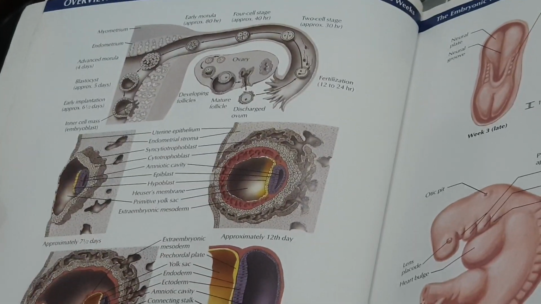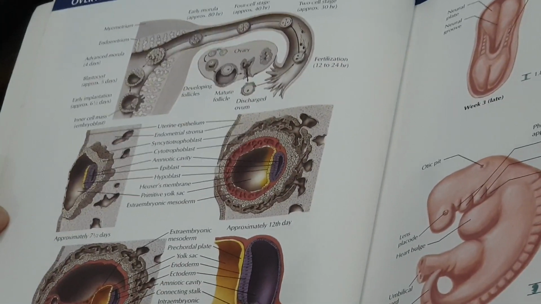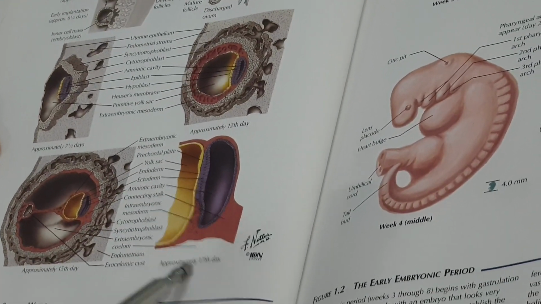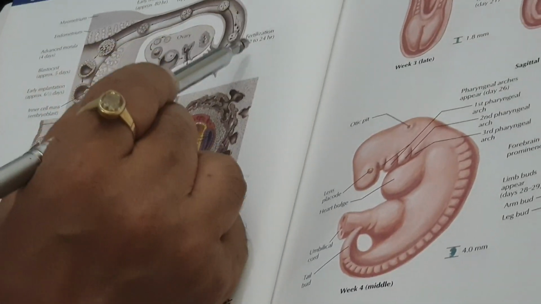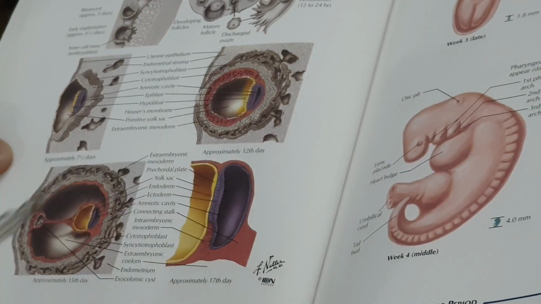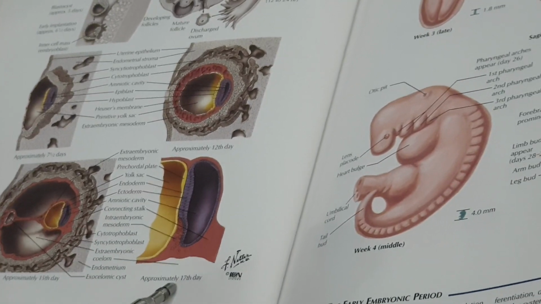Then it gradually grows inside. This is approximately 7.5 days, this is the 12th day, this is the 15th day, and this is the 17th day of fertilization.